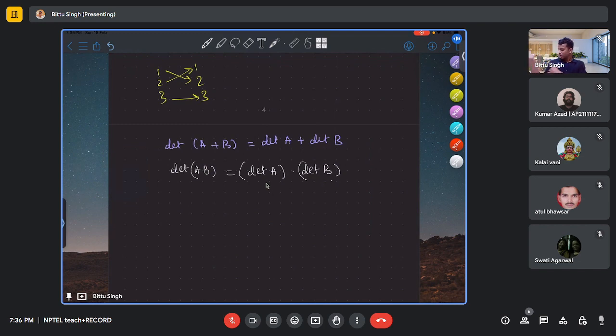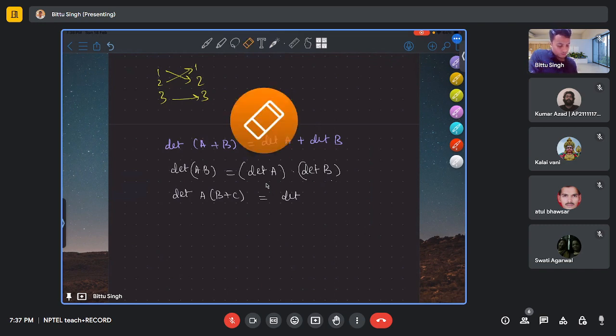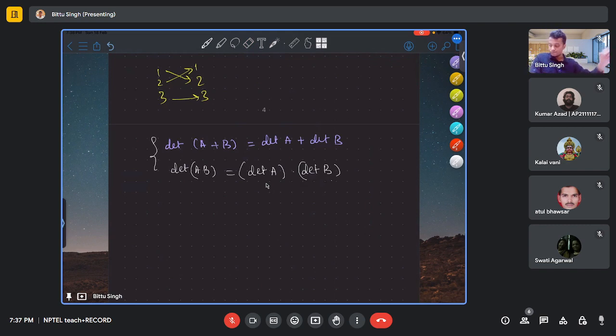So those are the properties you can prove using this formula. Determinant is again distributive. What does this mean? Determinant of a times b plus c. This is clear from the distributive property of matrices. This is not a new thing. So those are the properties of determinants.